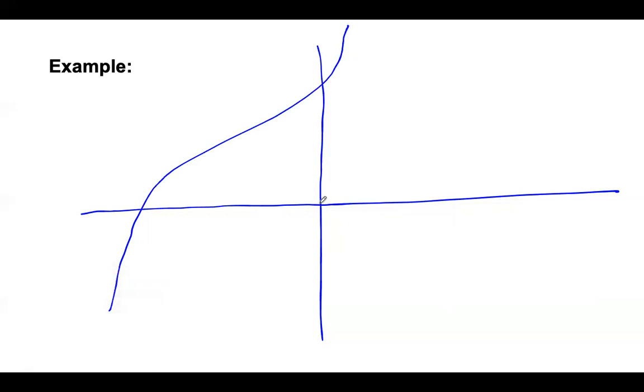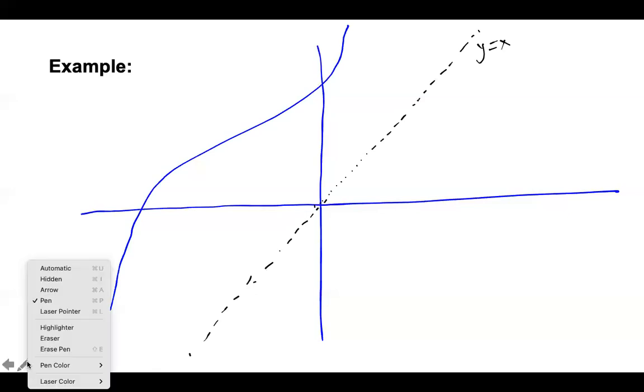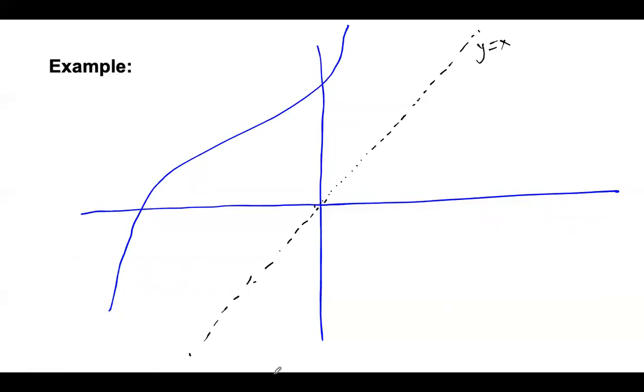So you can draw that line, y equals x. And then, of course, we just have the same distance on this side.